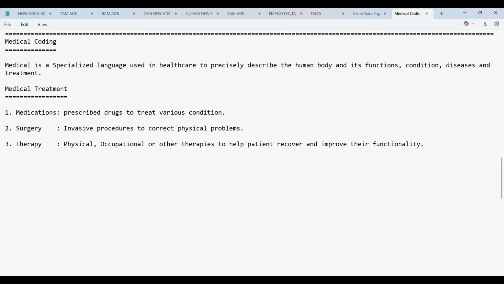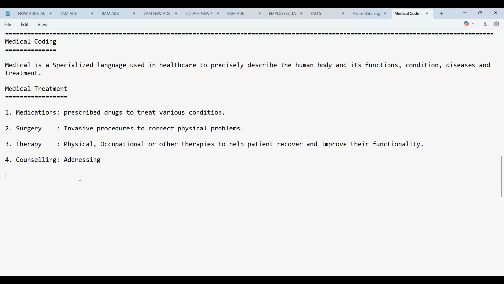And the fourth method of treatment is what, guys? Counseling. Counseling is another method of treatment.